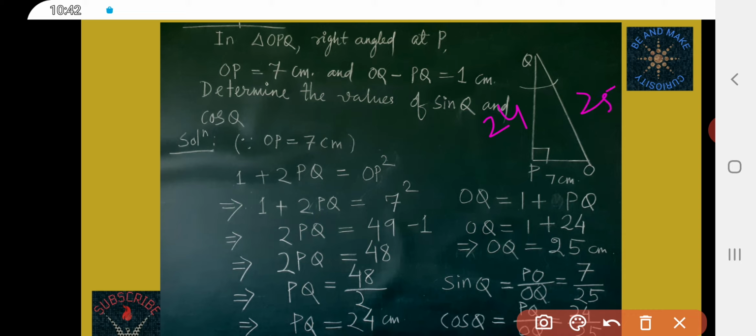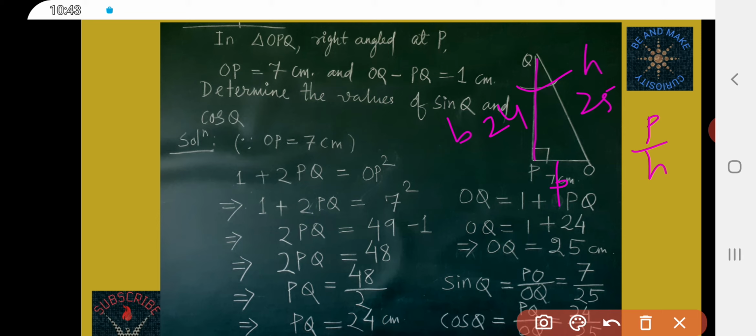centimeter. Now we got 3 sides of a right angle triangle OPQ. Now we can easily get sin Q and cos Q, and you know that sin theta is P by H, here P for this angle is OP, and base PQ, hypotenuse OQ.